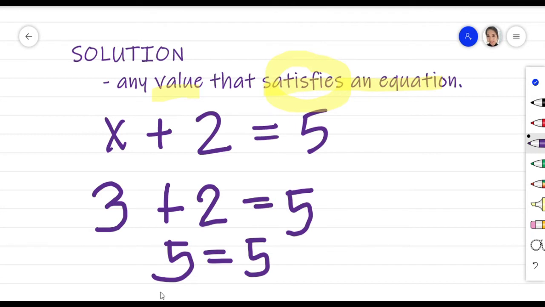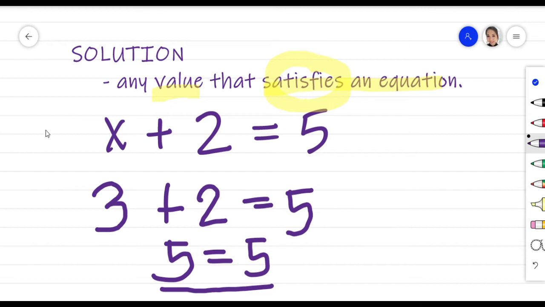This is what we call satisfying the equation. It means that if the left side of the equation will be the same as the right side of the equation, the value of our solution, which is 3, satisfies our equation.